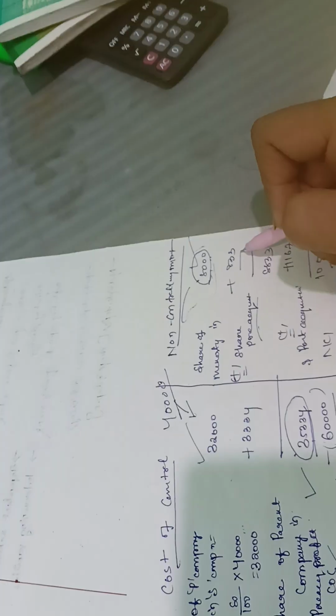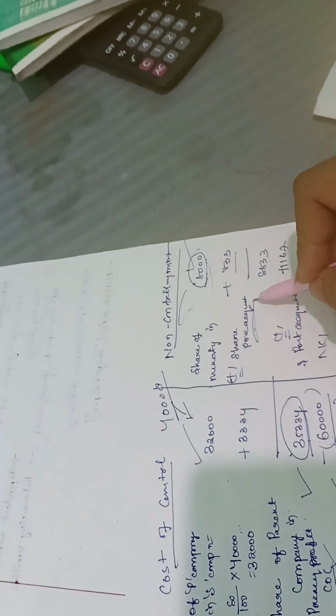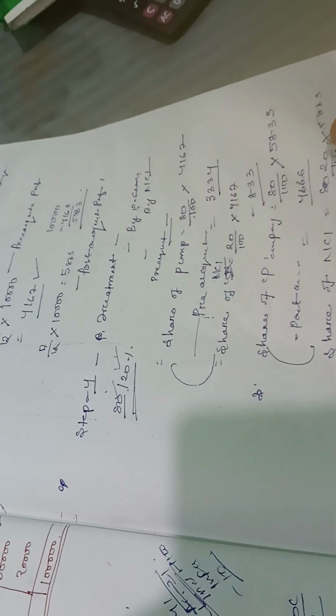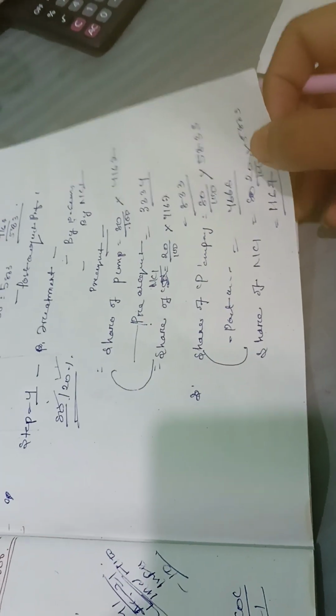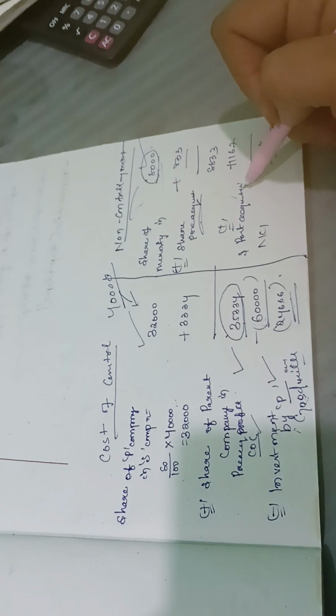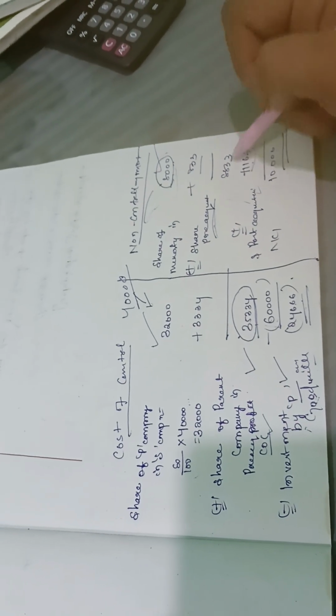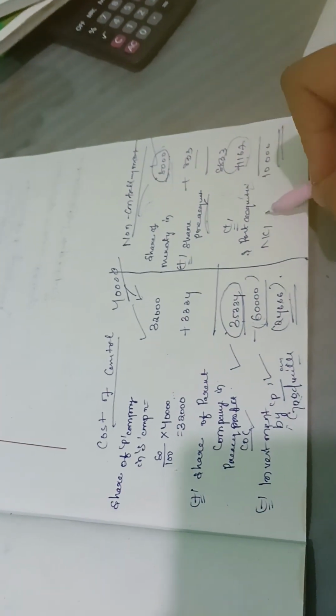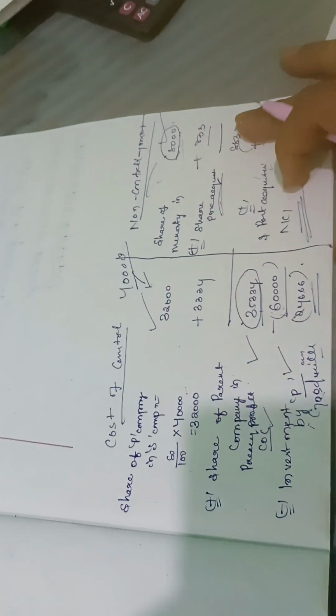Then the share of pre-acquisition profit, whatever we have calculated here, and then post-acquisition profit, whatever we have calculated here. Then we get the NCI, non-controlling interest. Then we will treat it in the balance sheet.